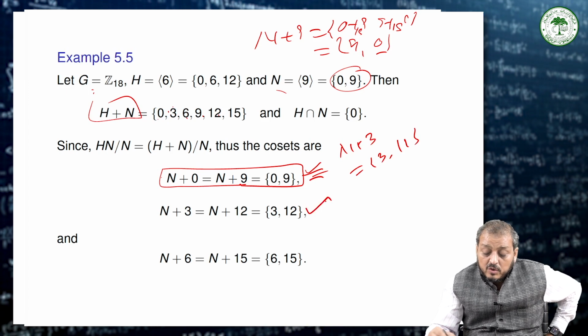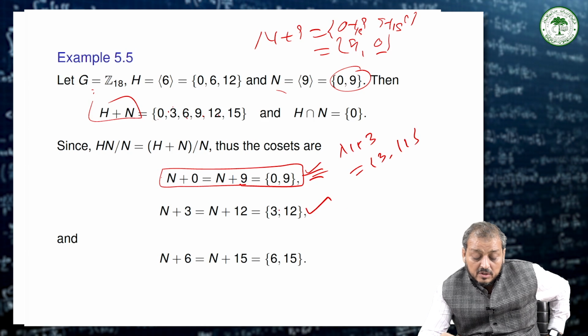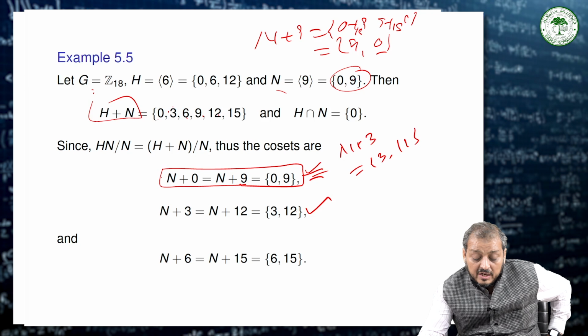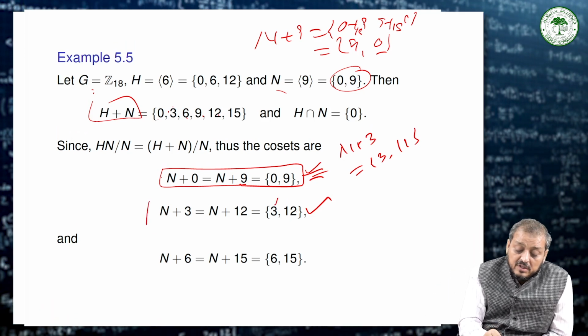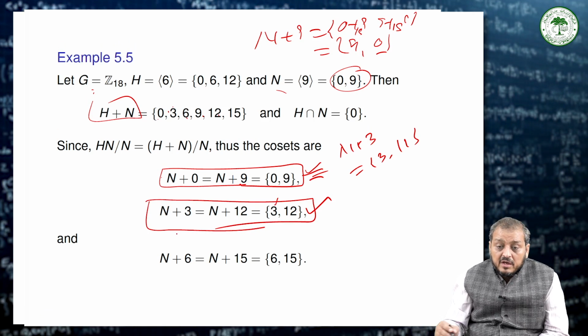So this is {3, 12}. Similarly, if you take N plus 12, then 0 plus 12 is 12, and 9 plus 12 is 21, which is 3. So in these two cosets the value is simply 3 and 12.